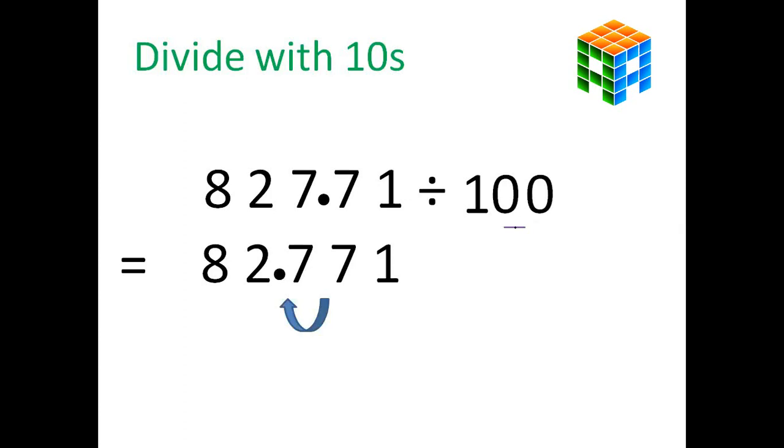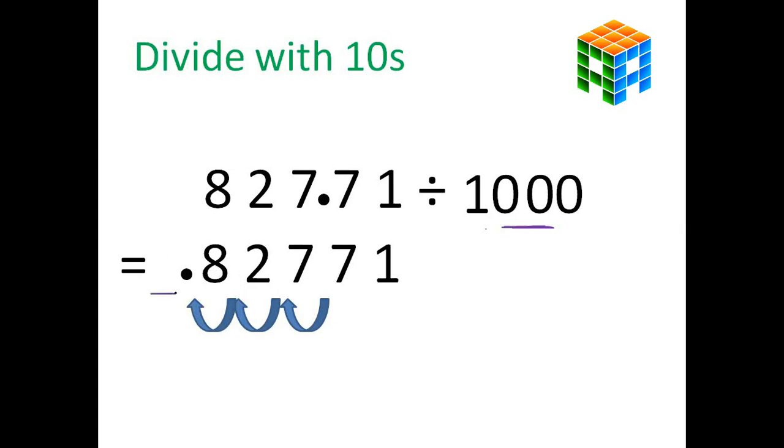Similarly for 100, 100 has 2 zeros, so I will shift the decimal 2 digits to the left side. Similarly for 1000, I will shift 3 digits. Note that if the decimal is placed before the number, then there will be no whole number.